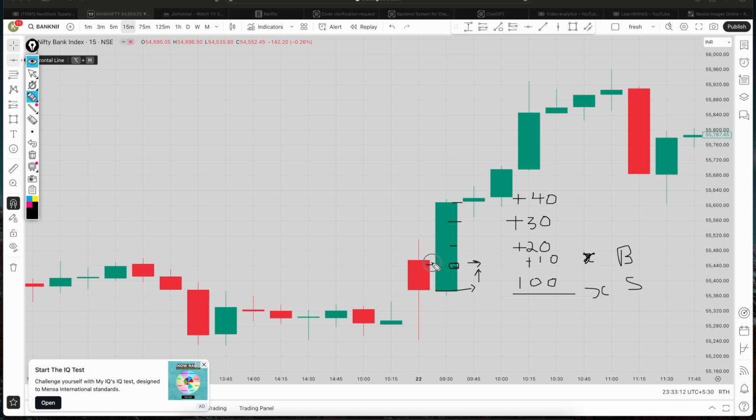Now what it shows is we have really high buyers at 140 rupees. The price quickly went up to 140 rupees, halted for a small period of time, 30 minutes, in this range, and burst up again.